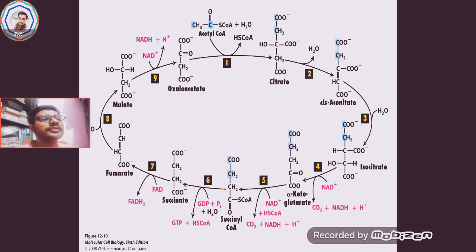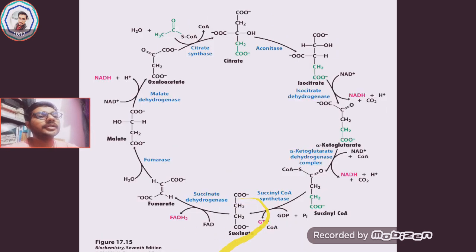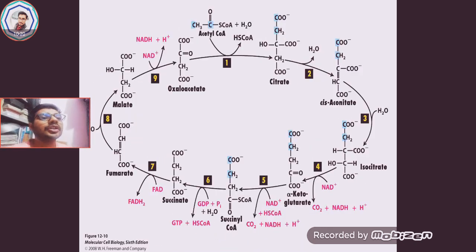During this process, one NAD will get reduced to NADH and one carbon dioxide molecule will be removed. Then this ketone will be unstable and will react with coenzyme A to form succinyl coenzyme A, and again one CO2 will be obtained and NAD will be reduced to NADH.